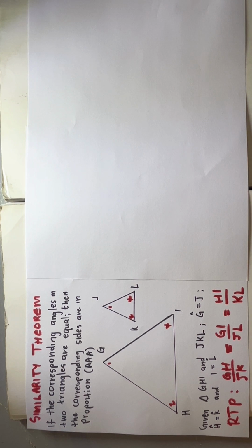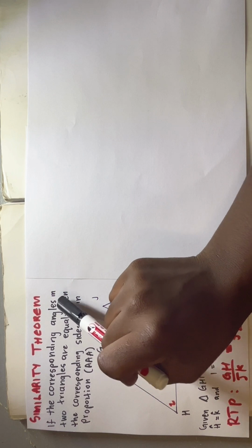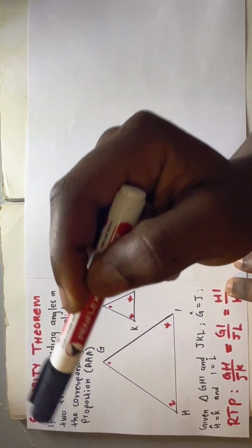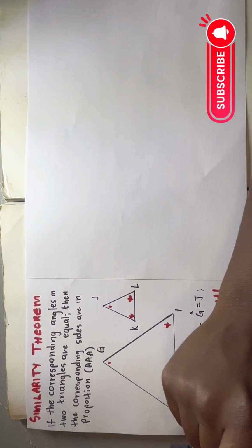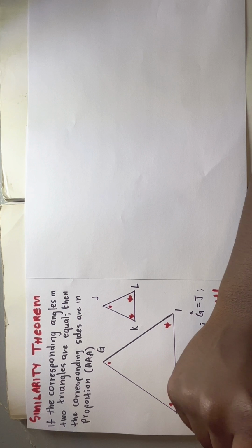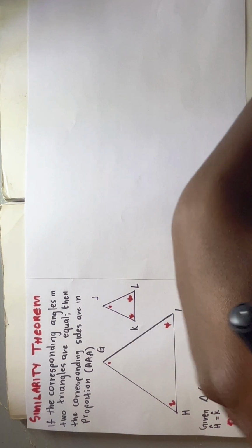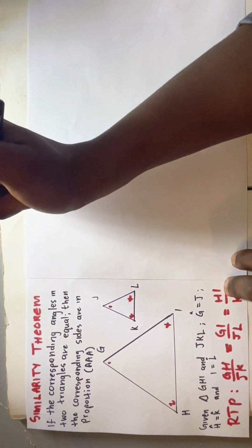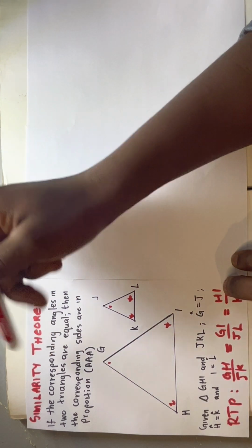It states that if the corresponding angles in two triangles are equal, then the corresponding sides are going to be in proportion. I know this statement won't necessarily make sense now, but as we dig deeper, we are going to understand what it actually implies.